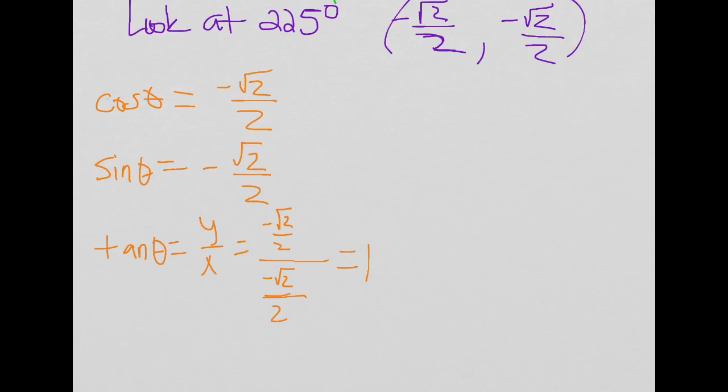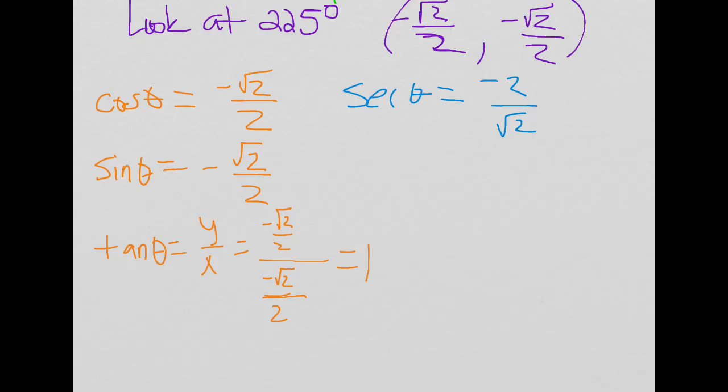Okay. So once we found those three, the other three are really easy. Secant goes with cosine. All you have to do is the reciprocal. The reciprocal is important for us to note here. Cosine is negative. That doesn't mean this needs to also be negative. The reciprocal doesn't change the sign.